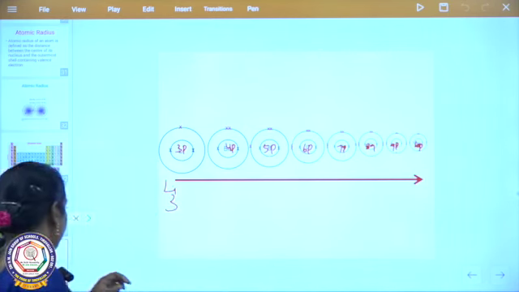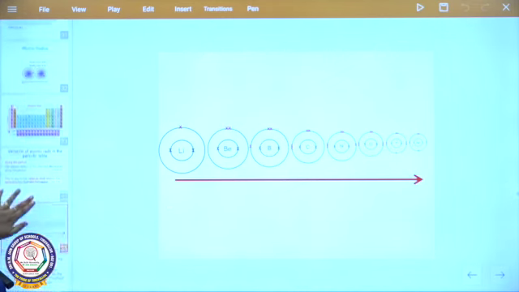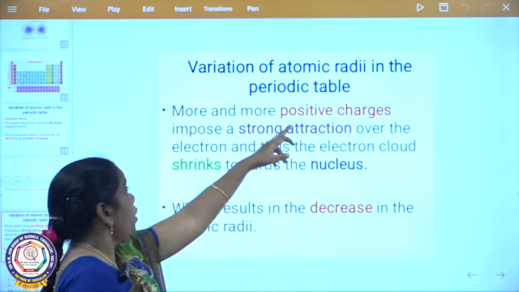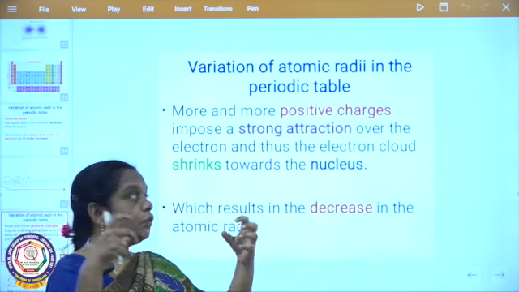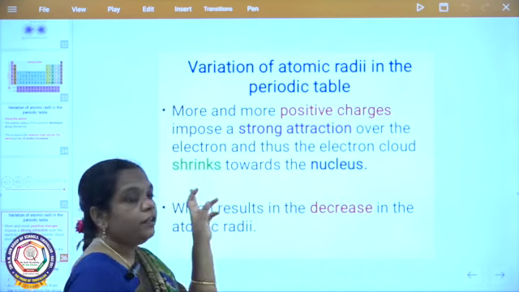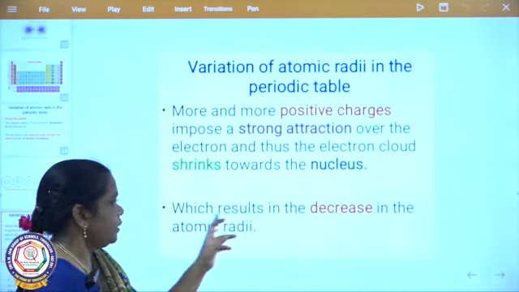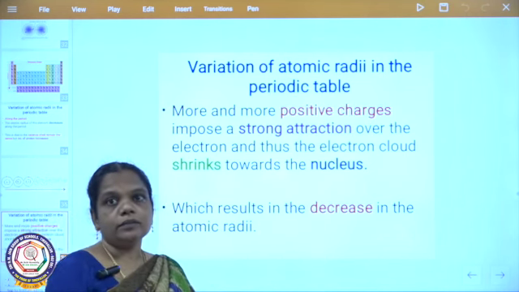The positive charge exerts strong attraction on the electrons, and the electron cloud is pulled towards the nucleus, so the atomic radius decreases.